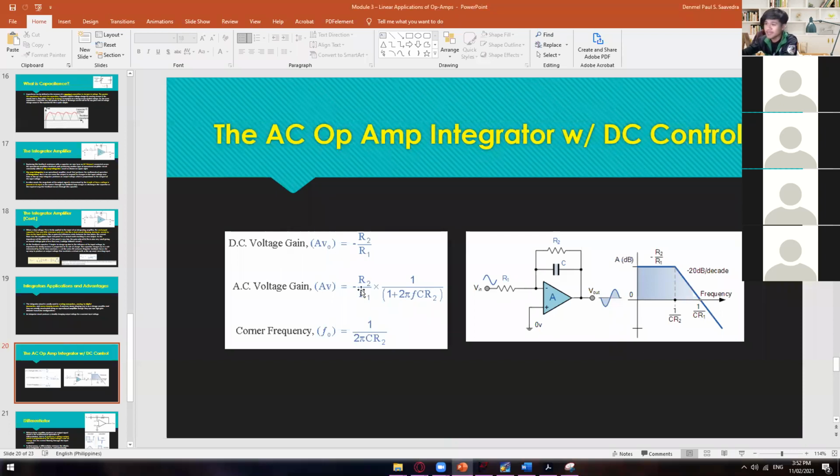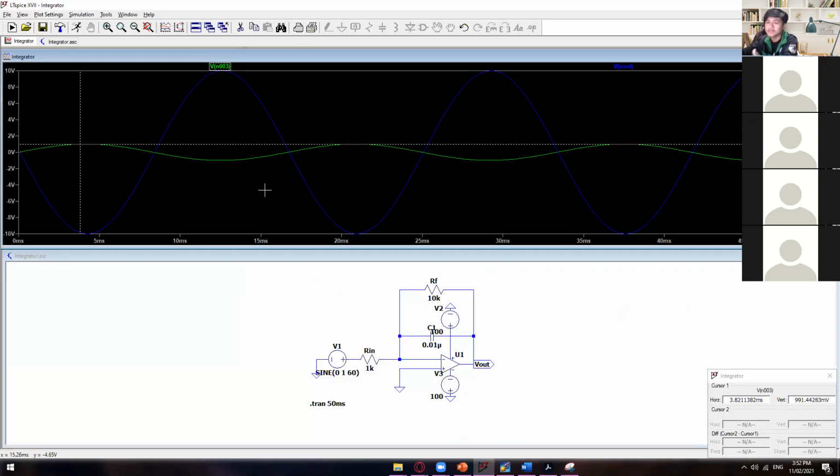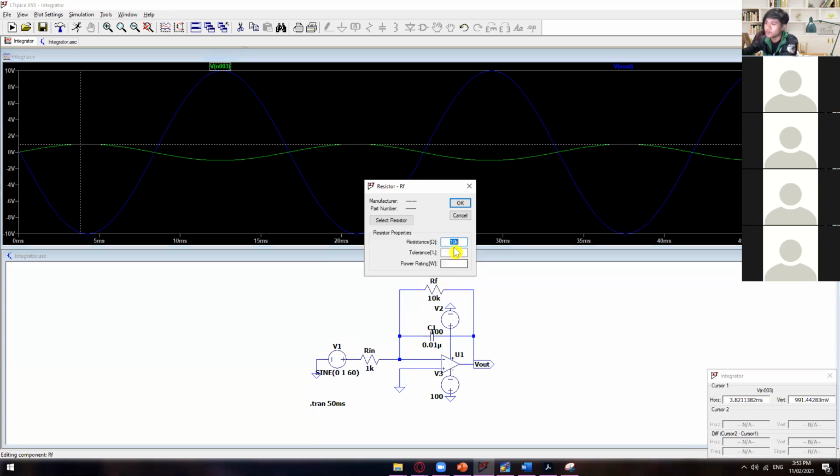So multiply that by our input of 1. That is why we have 10 volts, or negative 10 volts or positive 10 volts peak to peak. Okay. So that's our multiplier. If you're going to put here 5K, then we have a gain of 5. So it's like the multiplier of our voltage output.